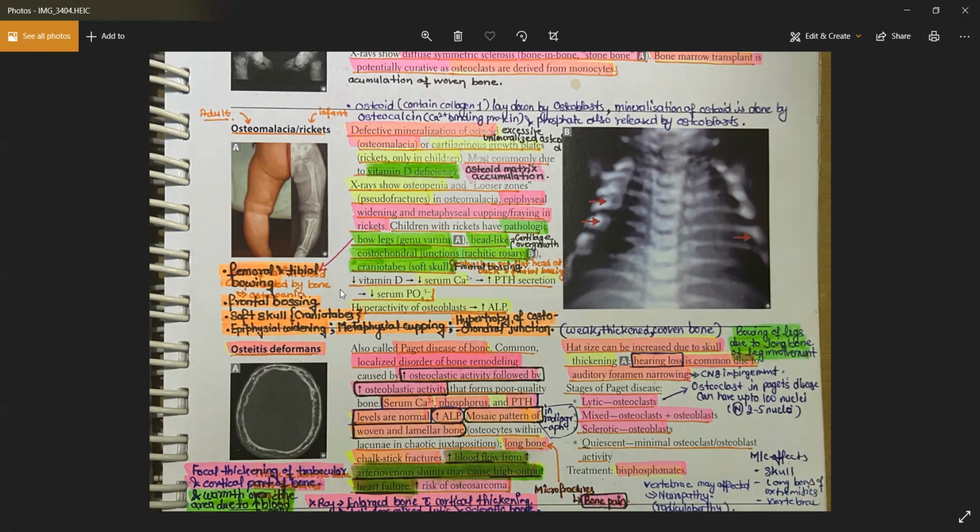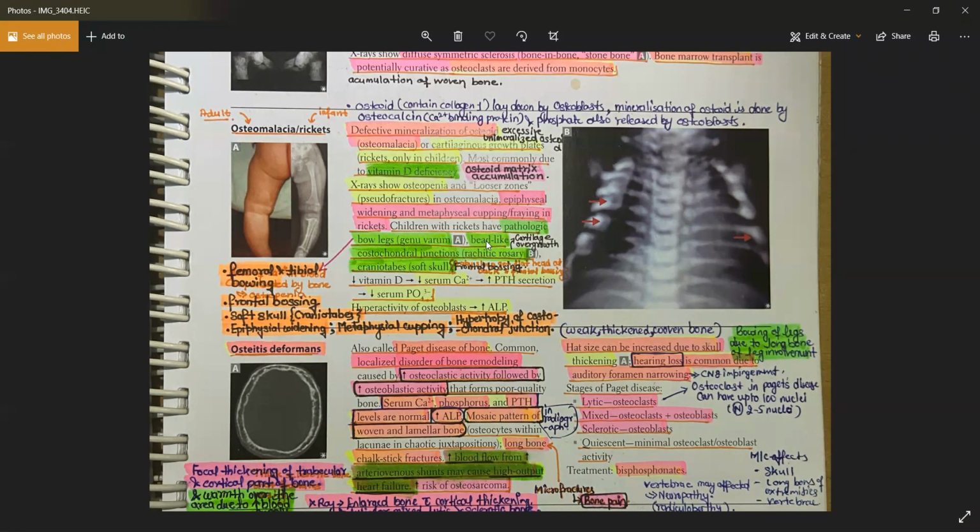Their skull will become very soft, and because their skull is soft, whenever the baby sleeps, okay, their head can become flat because of that. So this is the soft skull or the craniotabes. Okay. Patient will also have the hypertrophy of the costochondral junction, and this hypertrophy will appear as the rickety rosary. Okay.